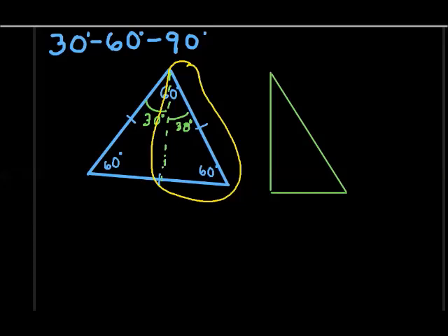Going back to the original triangle, whatever the length of one of the sides is, the other two are the same length. So if I know one of them, and I'm going to call it x because it can be any number, and if this one on the left side is x, so is the bottom one, and so is the right one. Keep that in mind for the one that I redrew over here.